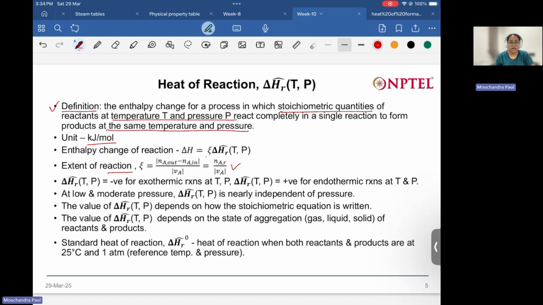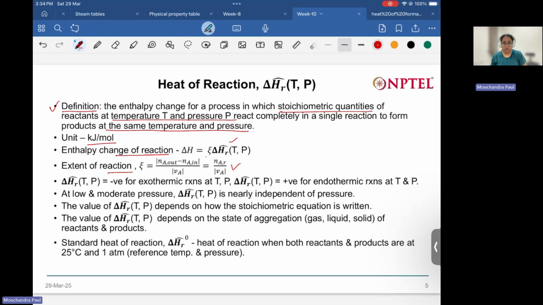Then the extent of the reaction will be the number of moles of A involved in the reaction divided by the stoichiometric coefficient of A. That will give you the extent of the reaction. And if you are also given the heat of the reaction, then you can multiply these two and you can get the enthalpy change for a particular reaction.